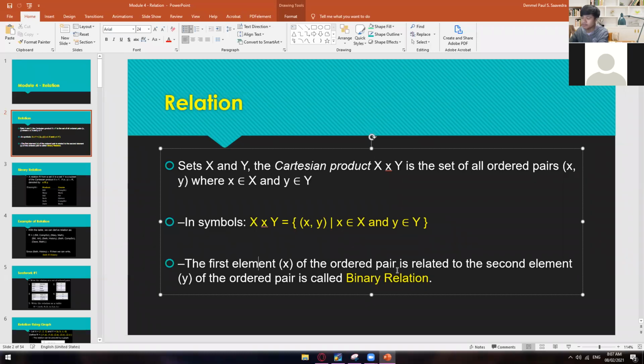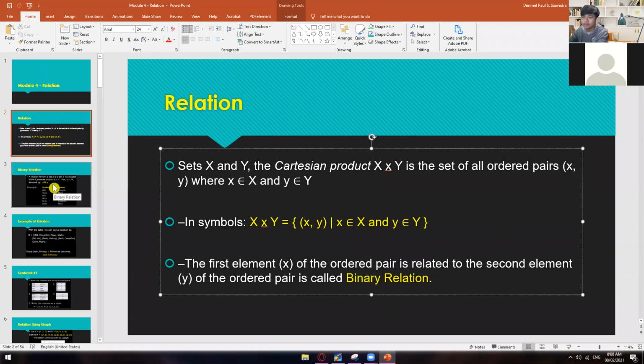We call this a binary relation. Each pair having a first coordinate and second coordinate is a binary relation. From the word binary, we have two coordinates, or two elements, in that relation.